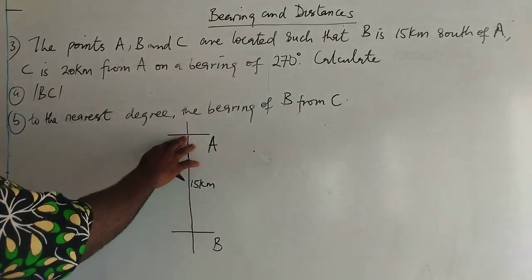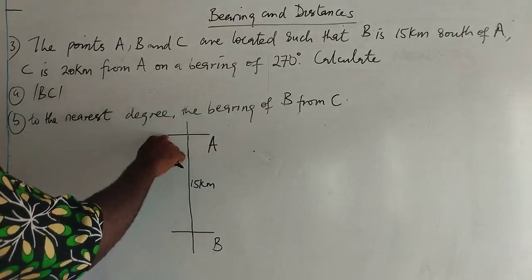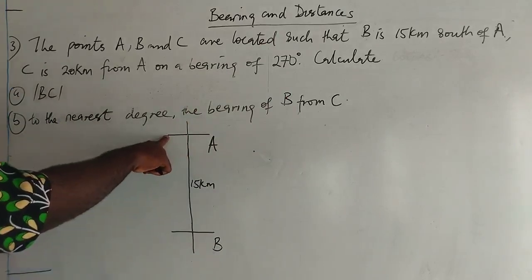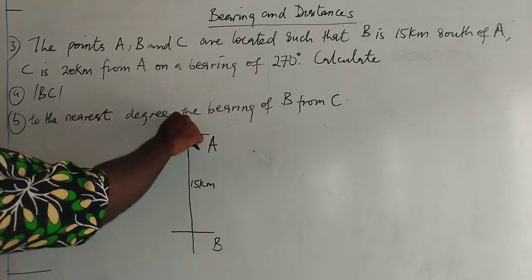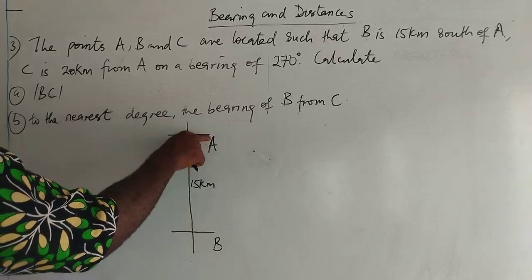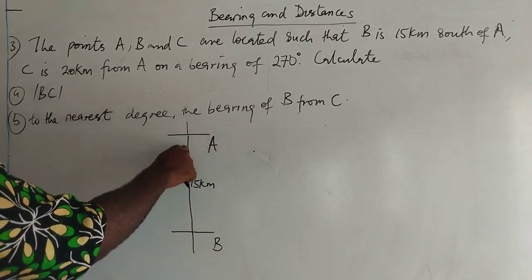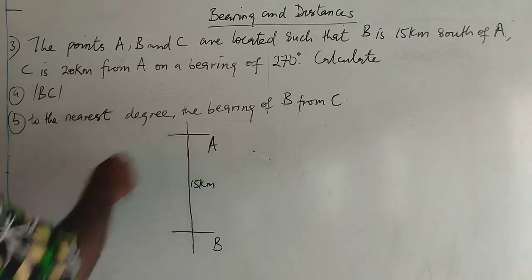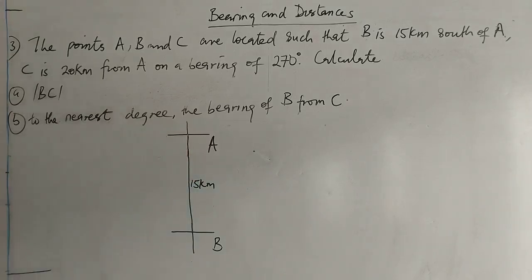Now, if you go to A, 270 is exactly west. Remember, when starting, north is 0, east is 90, south is 180, west is 270.